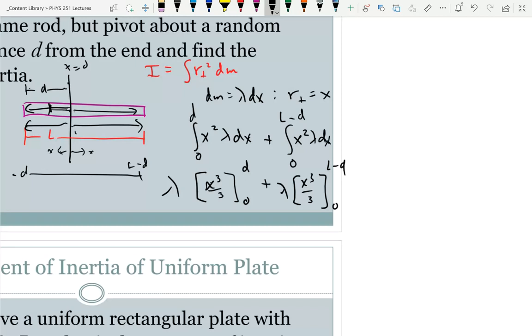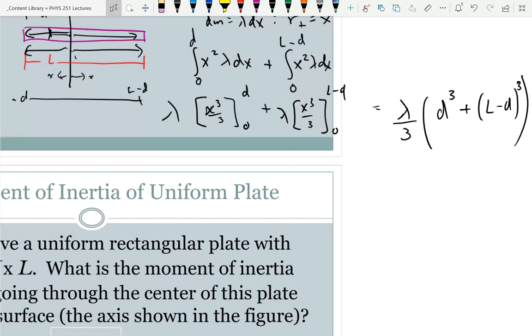All right. So now putting in my limits, all of them have lambda over 3: D cubed plus (L minus D) quantity cubed. I hope I didn't make mistakes.